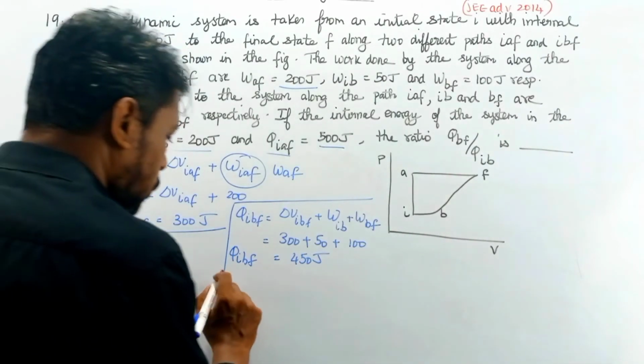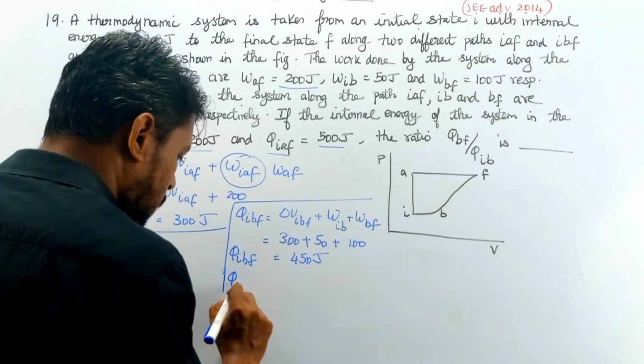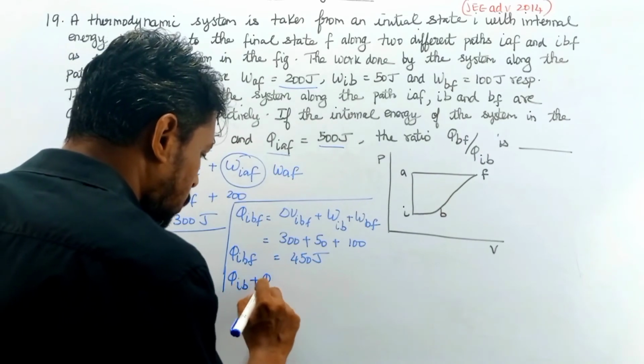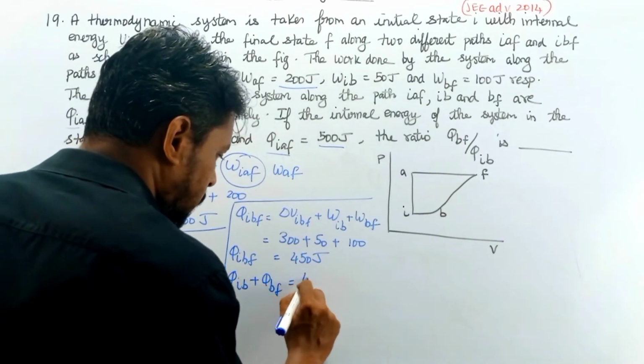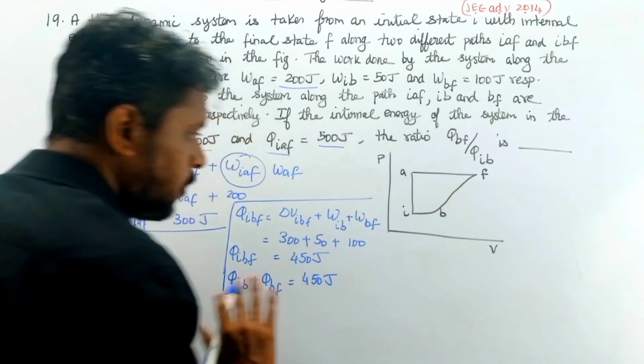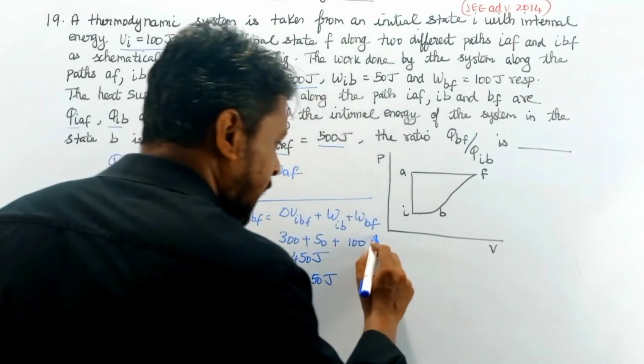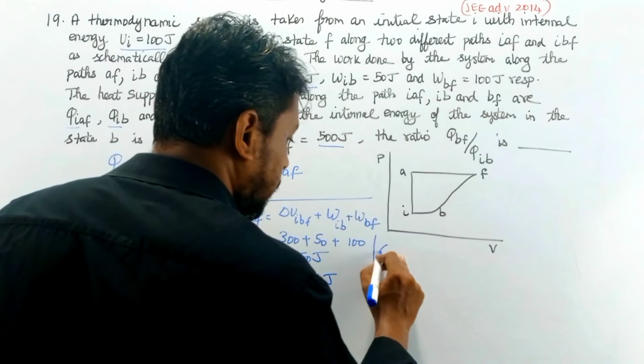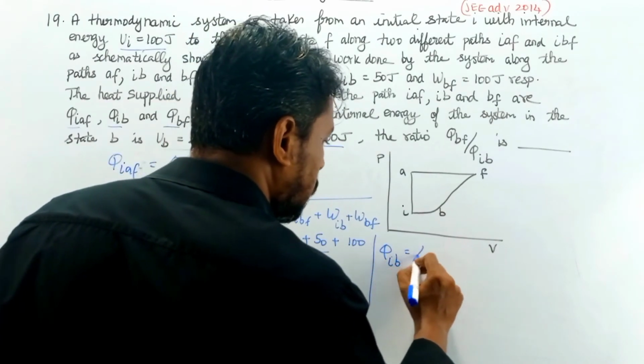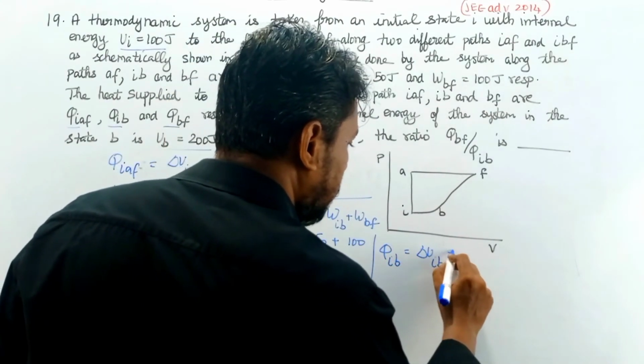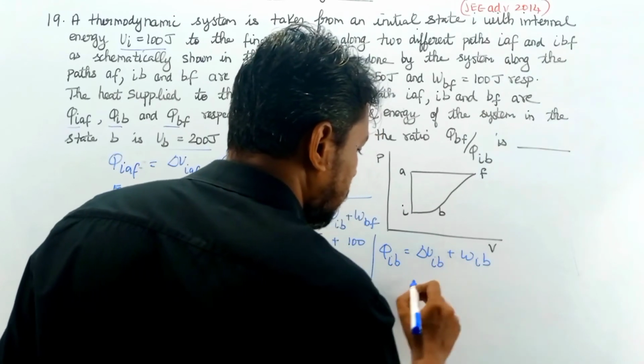So QIBF can be written as QIB plus QBF, which is equal to 450 joules. Now I am going to find QIB separately. QIB is equal to delta U IB plus the work done through IB.